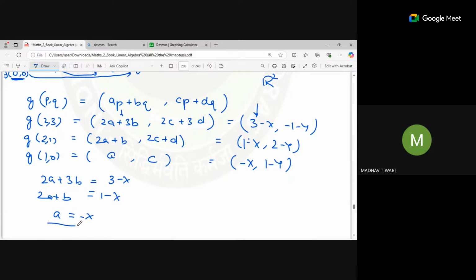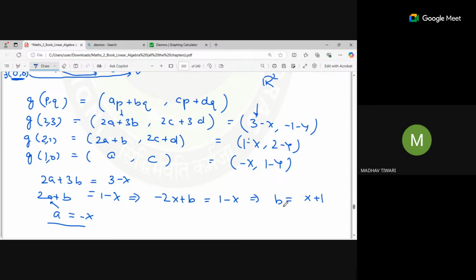The value of a I got as minus x. So can I put it in the second equation? It will become minus 2x plus b equal to 1 minus x. From here, I will get the value of b. What will that be? x plus 1, right?